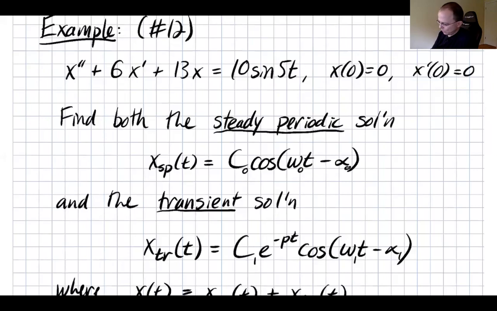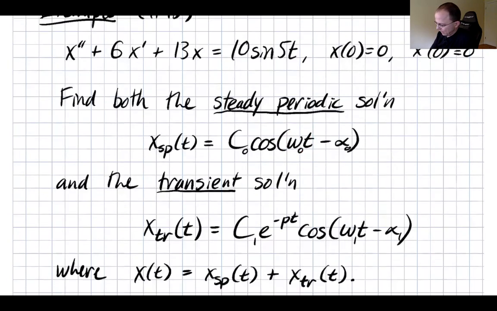One part represents a steady periodic solution, at the frequency of the external force. And then there's going to be a transient solution as well, which approaches 0 as t goes to infinity because of this exponential term.